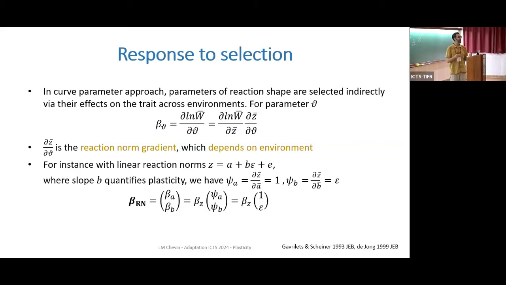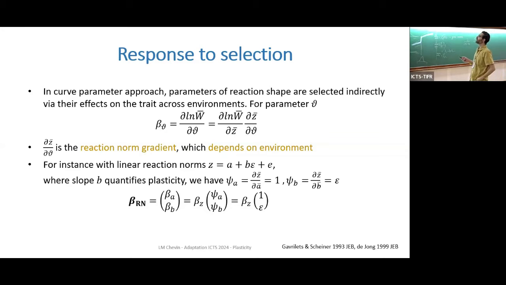Is being plastic something that affects your fitness regardless of the phenotype you produce? But apart from that, usually what we think of as selection on plasticity arises from the fact that it causes the genotype to have different trait values in different environments, right? And so it arises from selection on the trait.